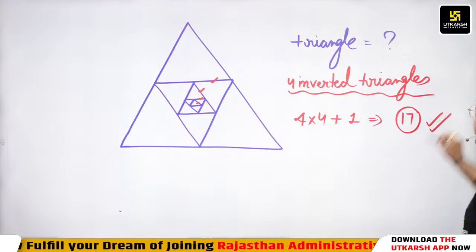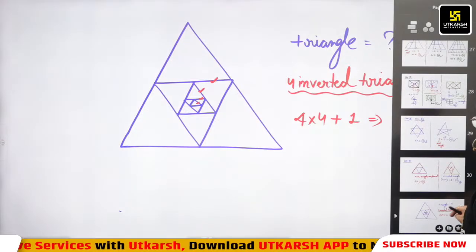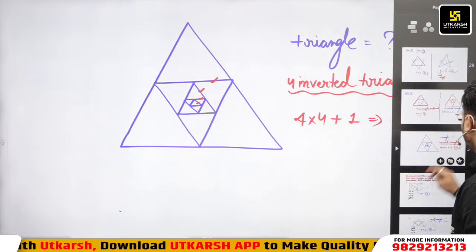Total 17 triangles are there in this figure. I hope you understood very well. Got it?